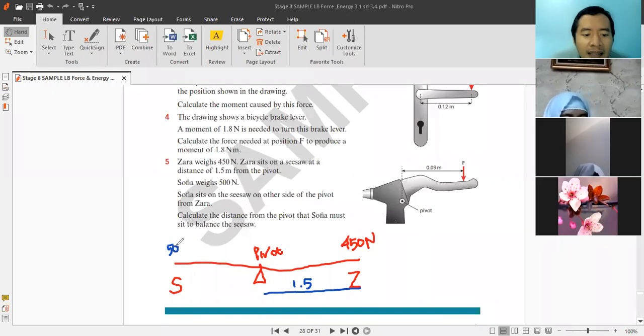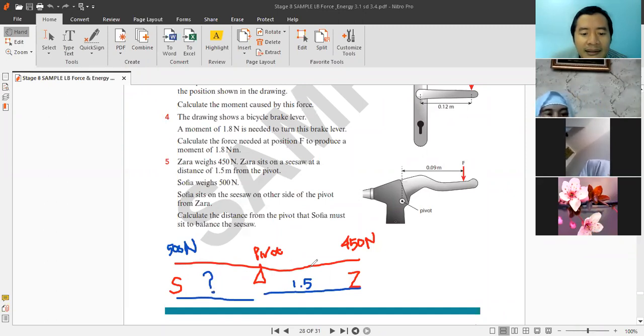Sophia sits on the seesaw on the other side of the pivot from Zara. Calculate the distance from the pivot that Sophia must sit to balance the seesaw. Meaning, what distance is needed so that balancing occurs, right?